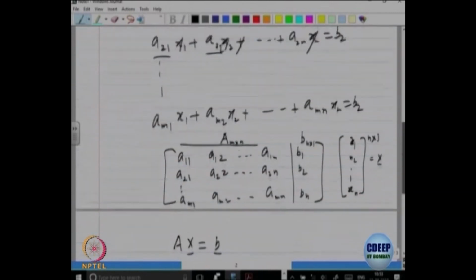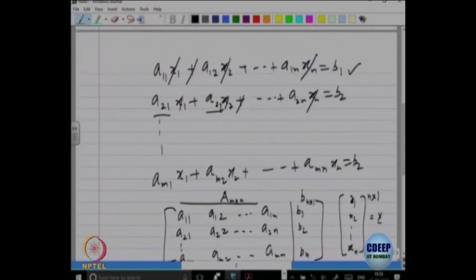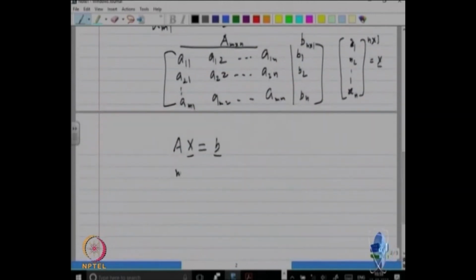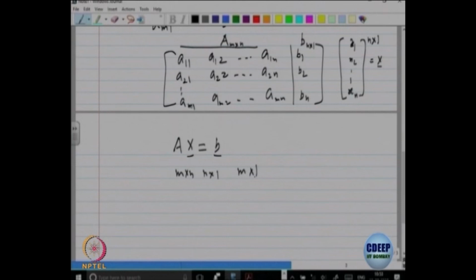So, that will be my first equation, right. Is it clear? So, when I write this as a matrix multiplication, A is m cross n, x is n cross 1, I will get m cross 1.